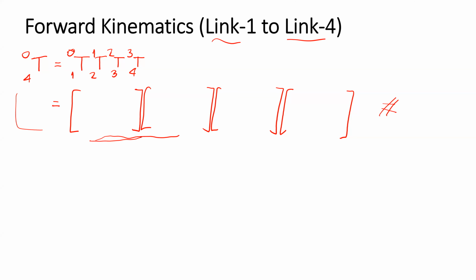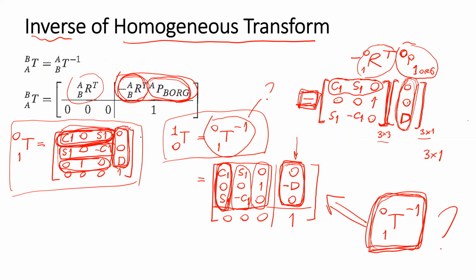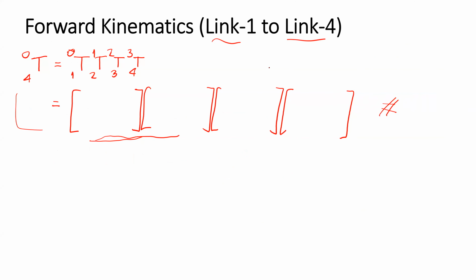For example, here we know that the T10 is C1, S1, 0, minus S1.